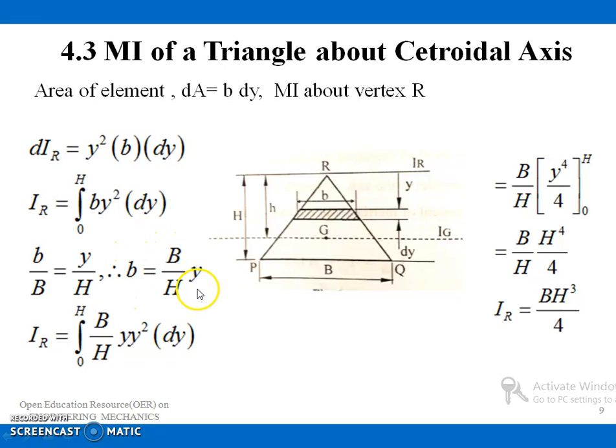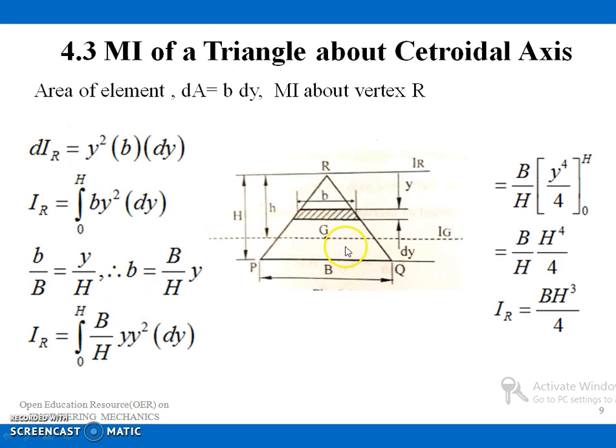Substituting the value of b in this equation, I can write it as integral 0 to h of capital B by H y square dy, and finally applying the limits, I can write IR is equal to BH cube by 4. That is the moment of inertia of the triangular section about an axis parallel to the centroidal axis passing through the vertex. IR is equal to BH cube by 4.